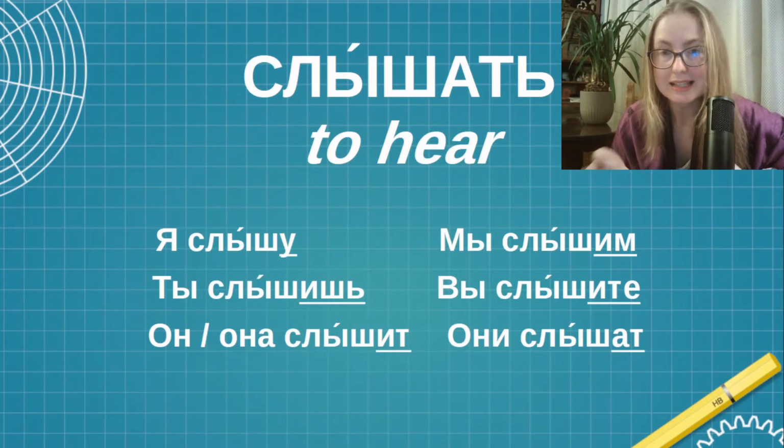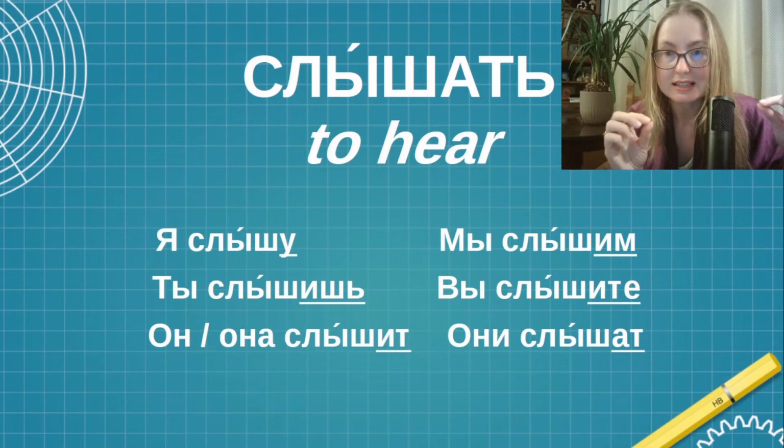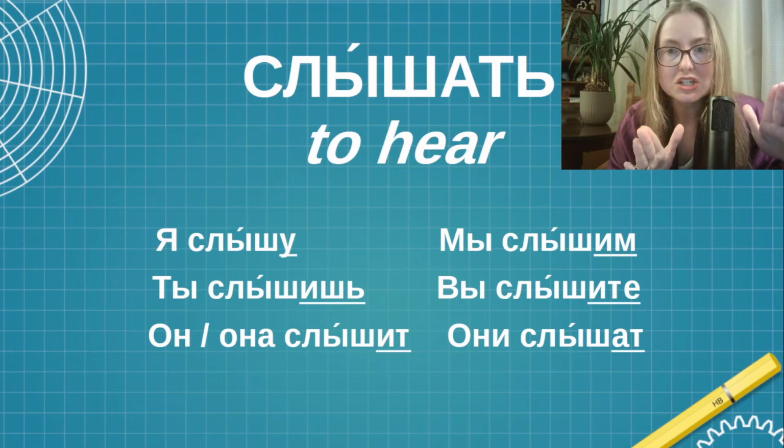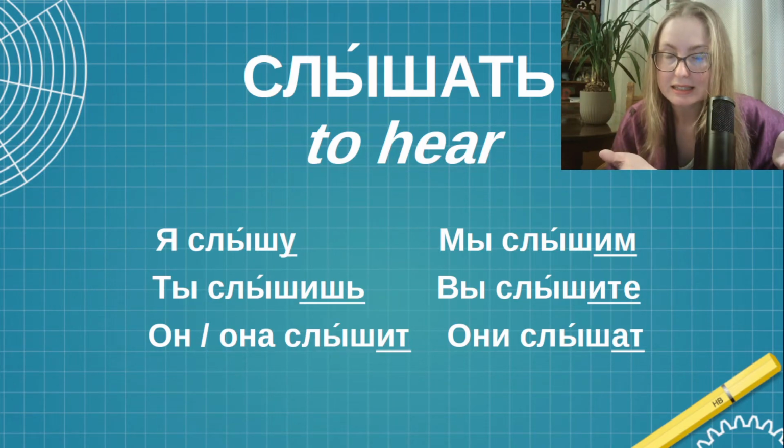So in the present tense, as you see, these verbs are different. I didn't write the past tense because these verbs are absolutely regular, so we produce the past tense with the help of the suffix "л".